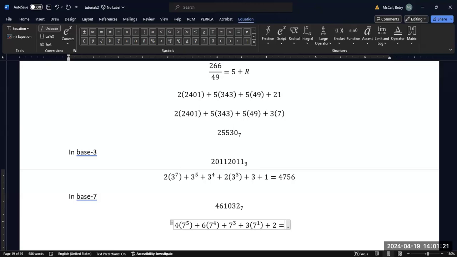And so I just throw that in my calculator. 4 times 7 to the 5th plus 6 times 7 to the 4th plus 7 cubed plus 3 times 7 plus 2 is going to give me, interestingly enough, 82,000.